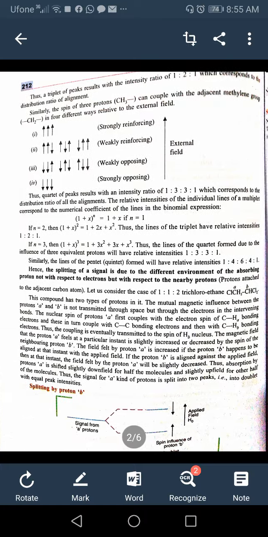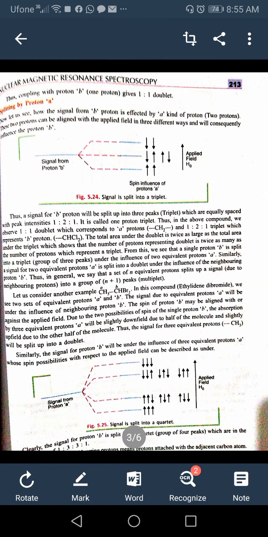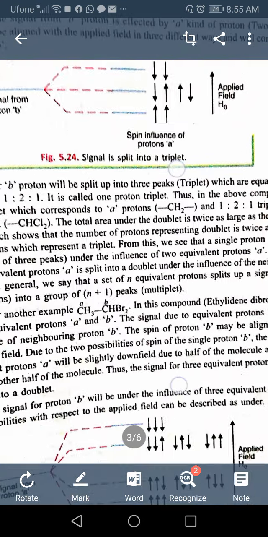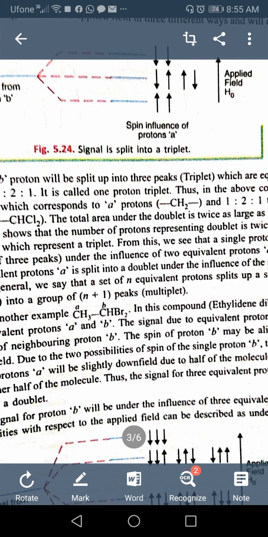In the third example, we are considering this compound, 1,1-dibromoethane.